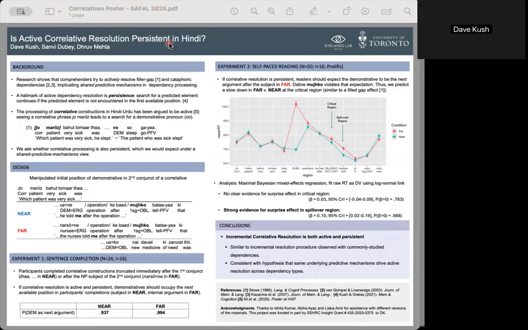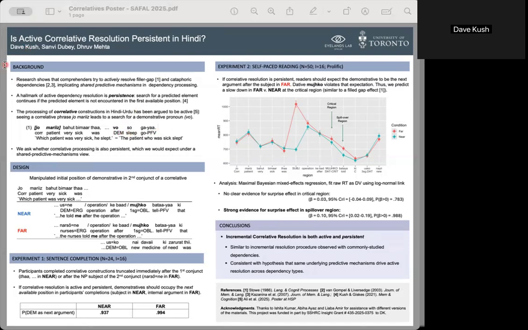They're composed of a correlative clause, which we see here, which patient was very sick, right? And the correlative clause is left-adjoined to a matrix clause, which provides the assertion of the sentence. In this case, it's वो सो गया.